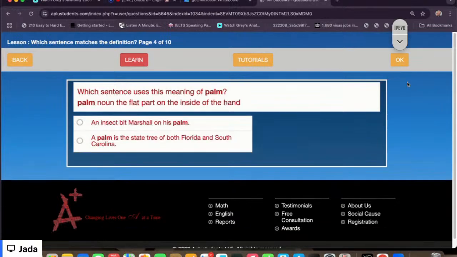So we have, which sentence uses the meaning of palm? Palm, noun, the flat part of the inside of the hand. An insect picked Masha on its palm. A palm is the state tree of both Florida and South Carolina.